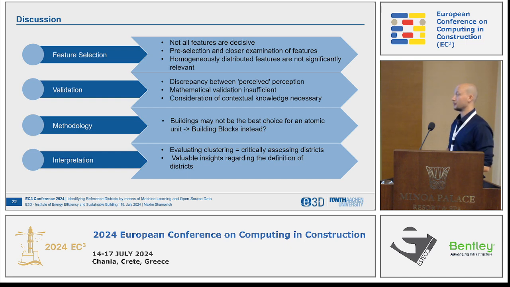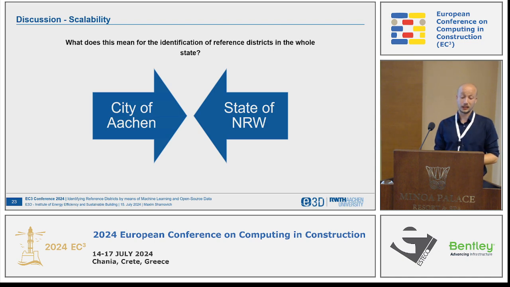And interpretation. So again, without on-site checking, and maybe also trying to produce some of those energy solutions for one district and see how much is it applicable to another, it's hard to say if it actually worked or not. And the big question, is it scalable?